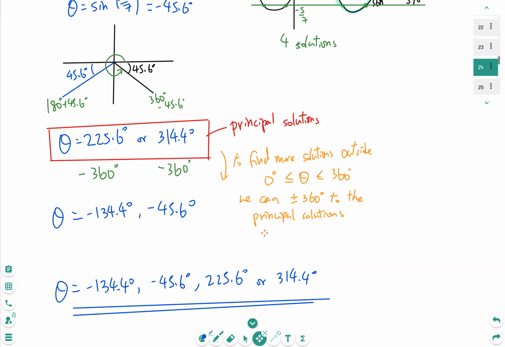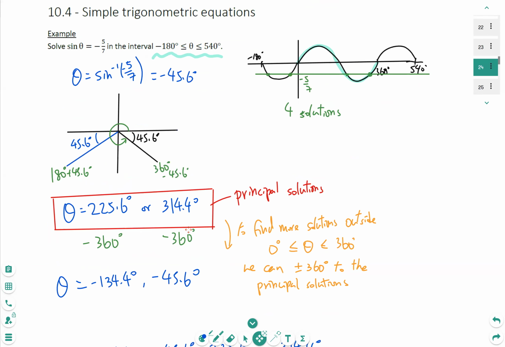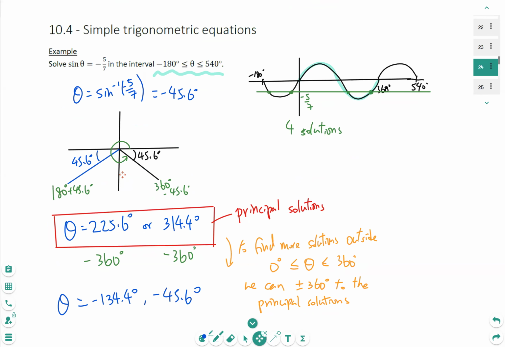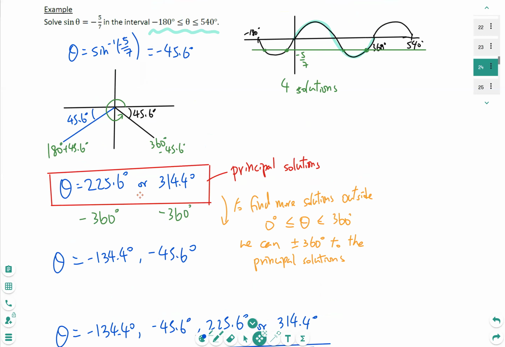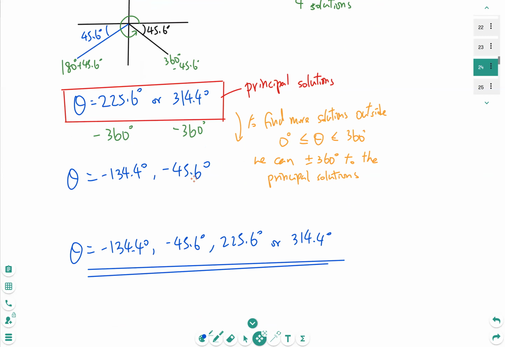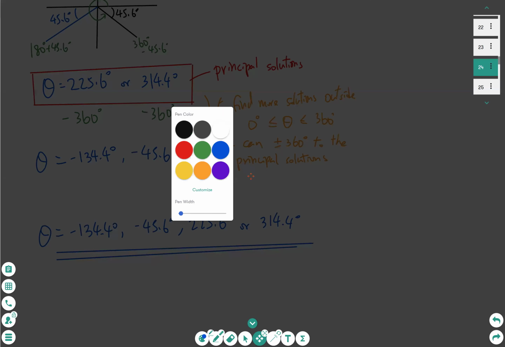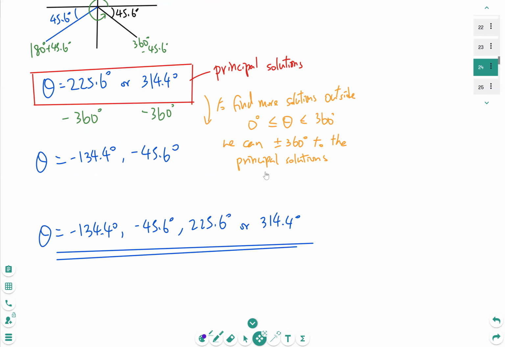By the way, what if we find more solutions? Say after 360, we could add 360°. If you add 360° to 225.6, you get 585.6°.